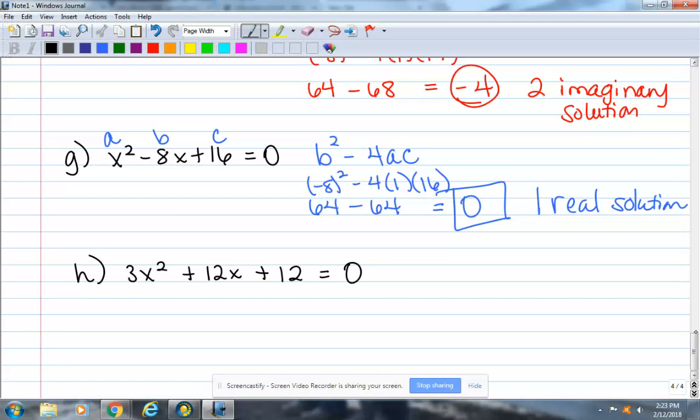You've got plenty of room to find this little bitty discriminant. Find me the discriminant and then tell me how many solutions we're supposed to have and what kind they are.